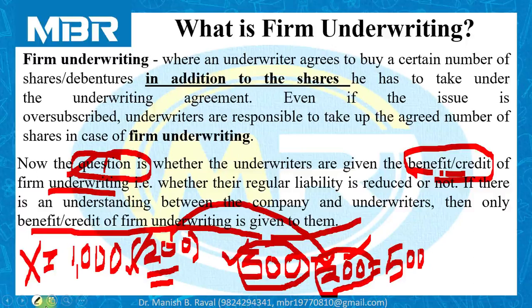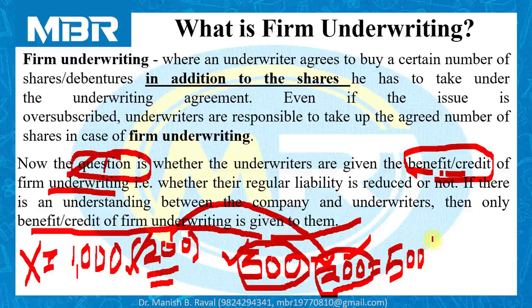If there is an understanding between company and underwriters, and it is clearly mentioned in the question that the benefit of firm underwriting is given to the underwriters, then and only then the benefit or credit of firm underwriting is given to them.